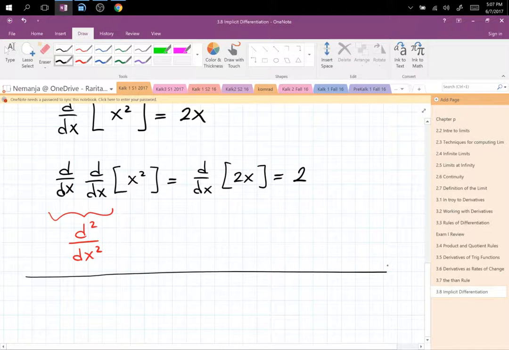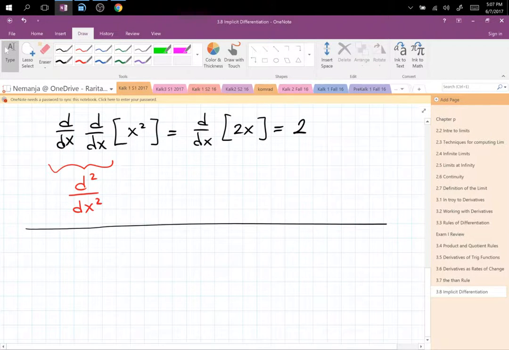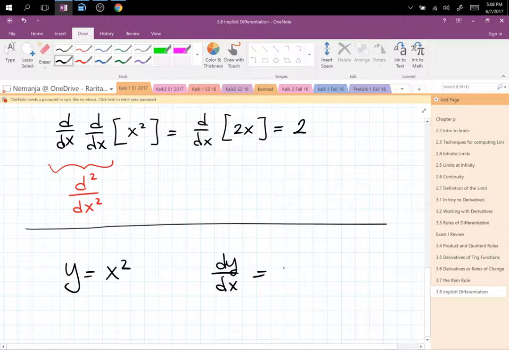Now, the important thing is to see how this works. Every time you differentiate, the chain rule pops up. So if I am to differentiate, let's say y equals x squared, I will say dy dx is equal to 2x, and then you can still write dx dx, but we don't write that because that cancels to 1.